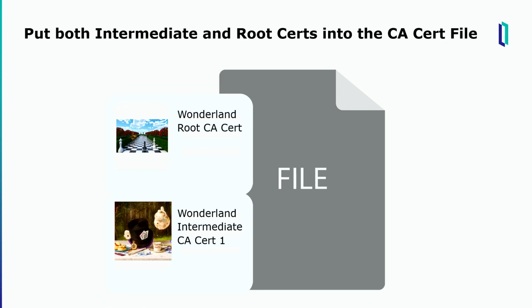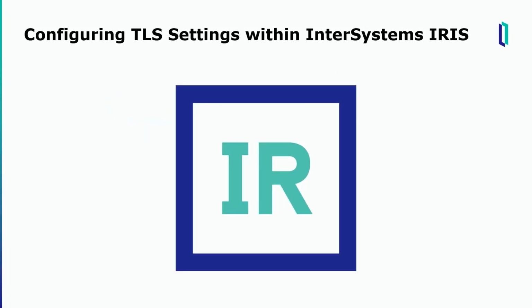Otherwise, if you miss one, then there's no way to know that your endpoint certificate is official and valid and authentic, right? And for your purposes, you'll just take both of these and put them into the same file when you're doing your configuration. So let's look at how we configure TLS settings inside InterSystems IRIS.